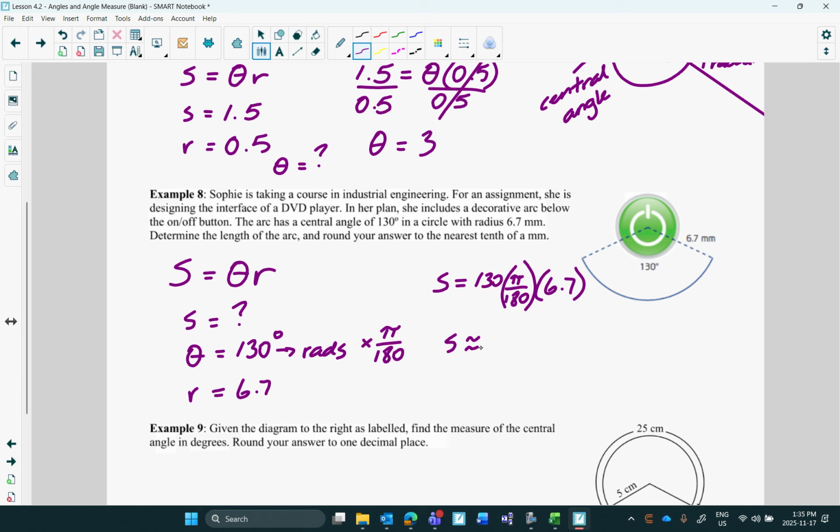And then we get S is equal to approximately 15.2. Remember, the angle has to be in radians to use the formula.